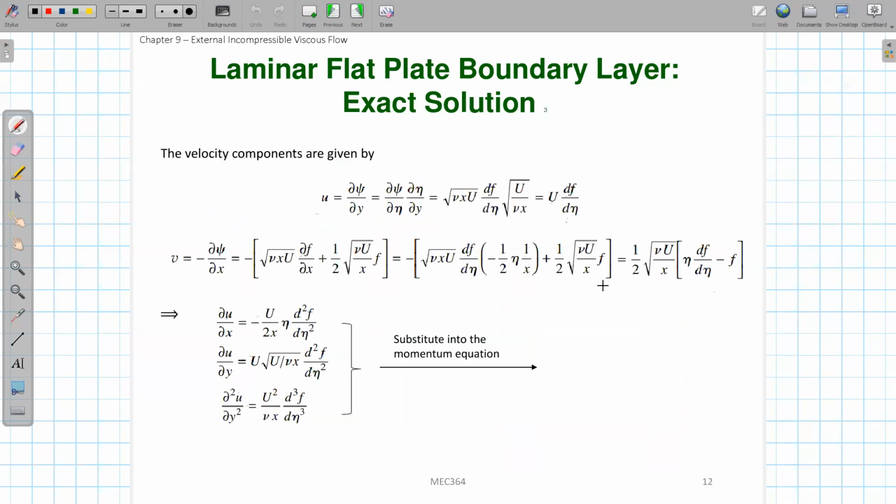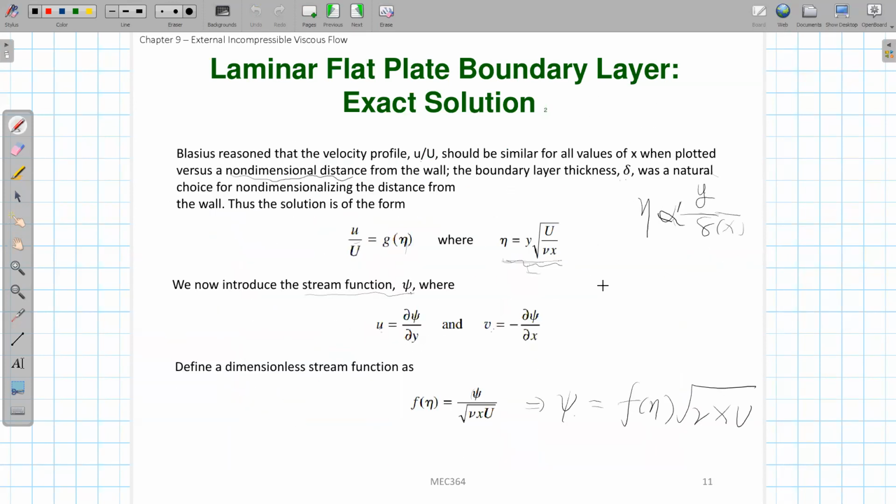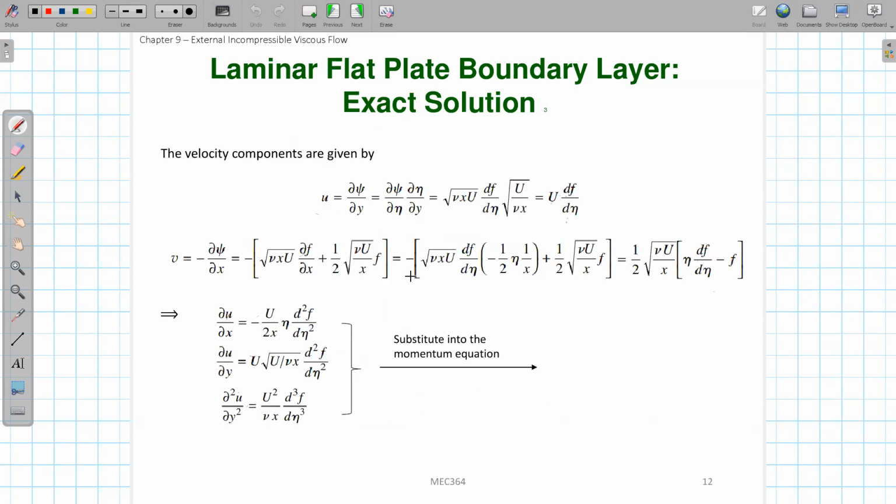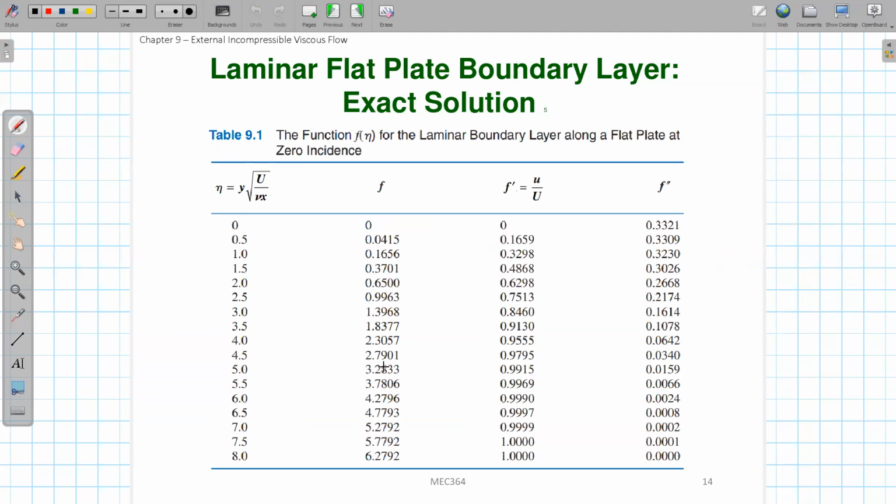Based on the definition of F, it can be shown, so this is the result we have, with this table of different eta with the F.